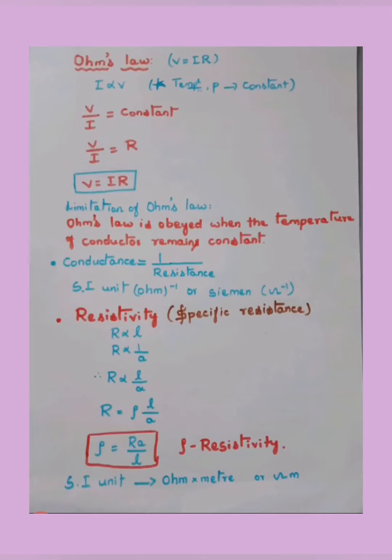So while learning about Ohm's law, let me also tell you about the factors affecting resistance of the conductor. Okay, remember. It depends on the material of the conductor. It means what type of material you choose for the electron free flow.